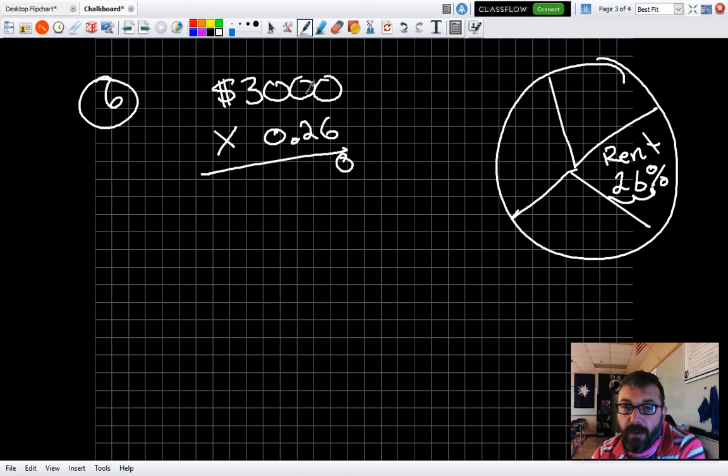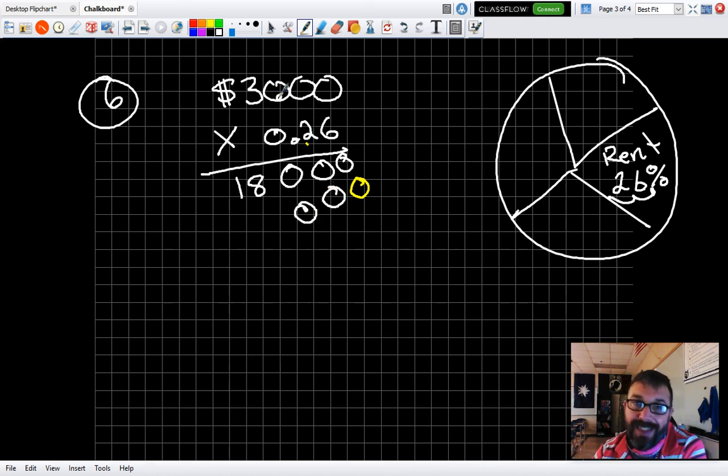6 times 0 is 0. 6 times 0 is 0. 6 times 0 is 0. 6 times 3, that's 18. And now I'm going to put my placeholder 0 down because I'm not multiplying by a 2, but rather by a 20. So 2 times 0 is 0. 2 times this 0 is 0. 2 times this 0 is 0. 2 times 3 is 6.